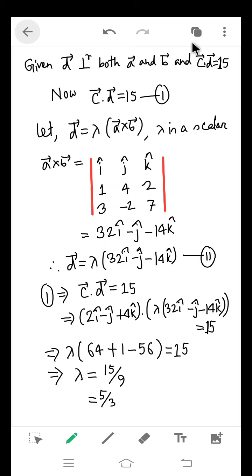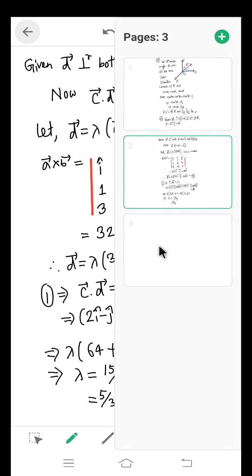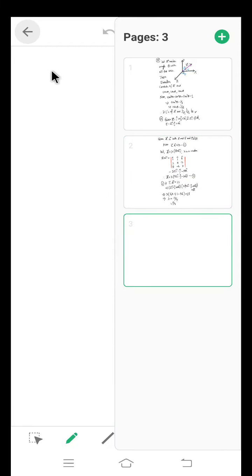Therefore D equals 32i minus j minus 14k and whole into lambda, which is 5/3.